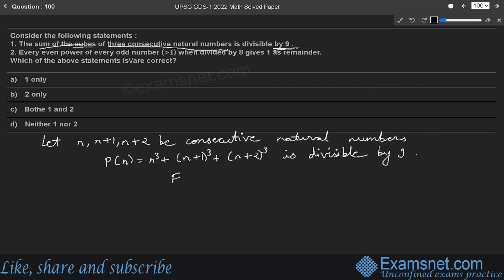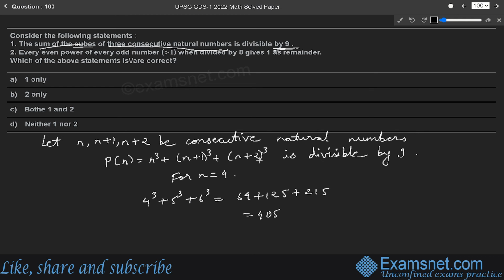Now for n is equal to 4, it will be 4 cube plus 5 cube plus 6 cube, which will be 64 plus 125 plus 216, which gives 405, and 405 is divisible by 9.